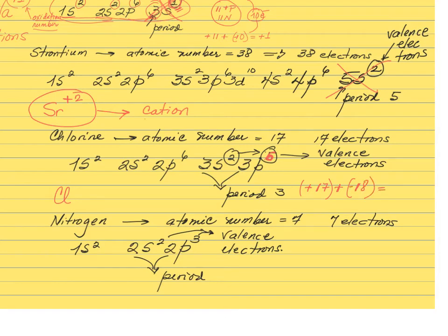If you know how to work with integers, you know that the answer is -1. That -1 is the oxidation number, okay? So when you write chlorine with a -1 on top, that means that you have an ion, a -1, and a negative ion is called an anion.